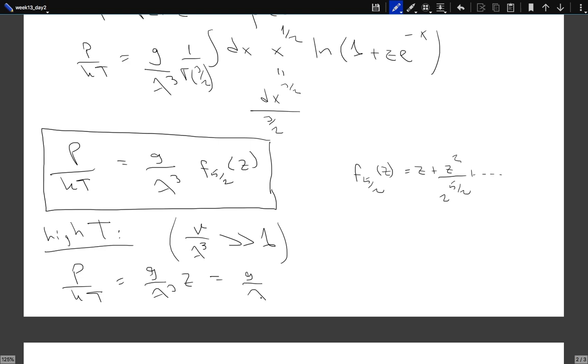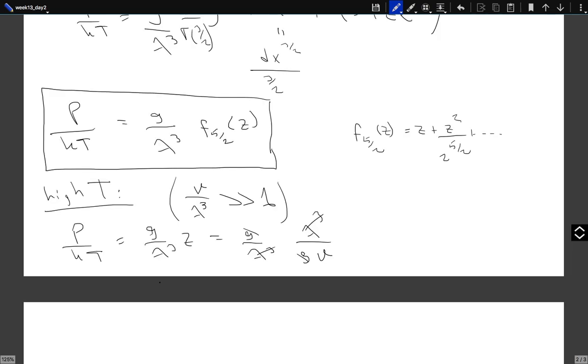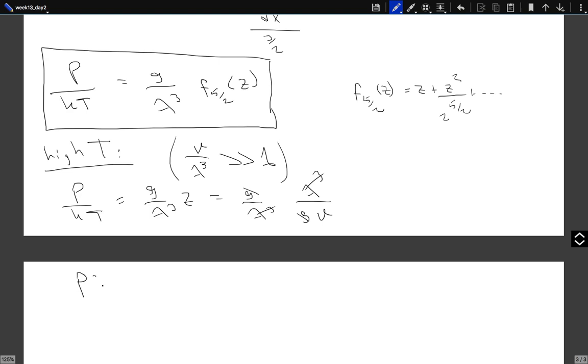So this is equal to g over lambda cube times lambda cube over g times v. Well, these cancel, lambda cubes cancel, and we are left with P v over n kT. This is equal to 1. Well, we just recover the classical result.